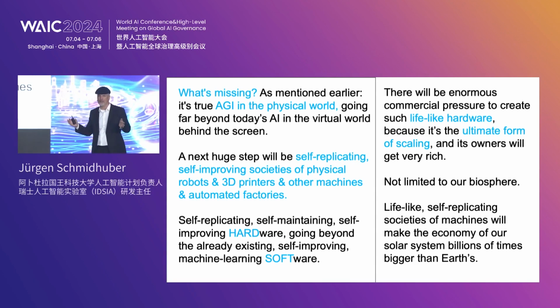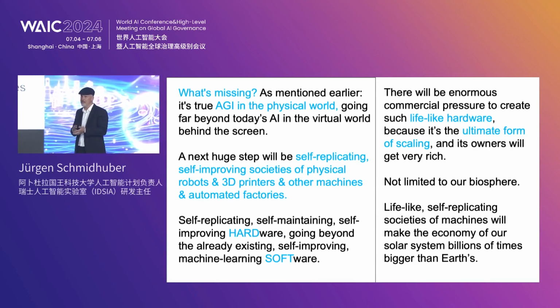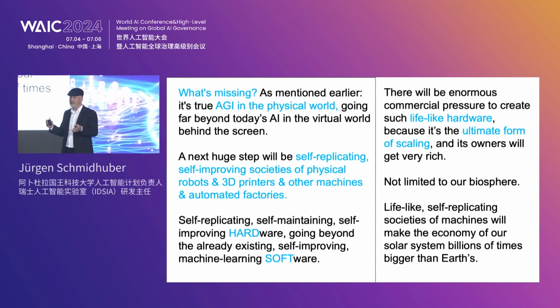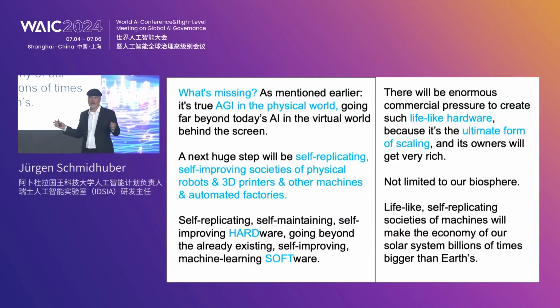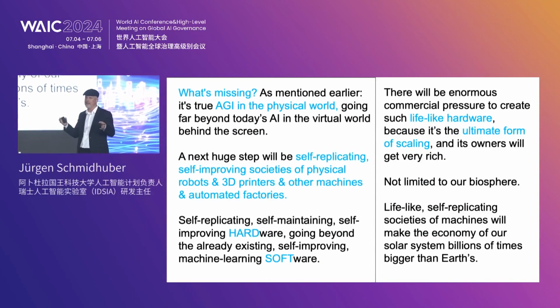And the economy of the world is all about scaling, so there will be commercial pressure towards that, because those guys who own a scaling machine like that, lifelike machines that can replicate themselves, are going to become very rich.